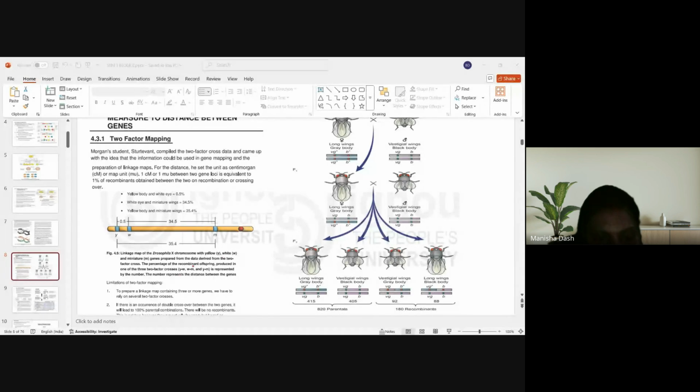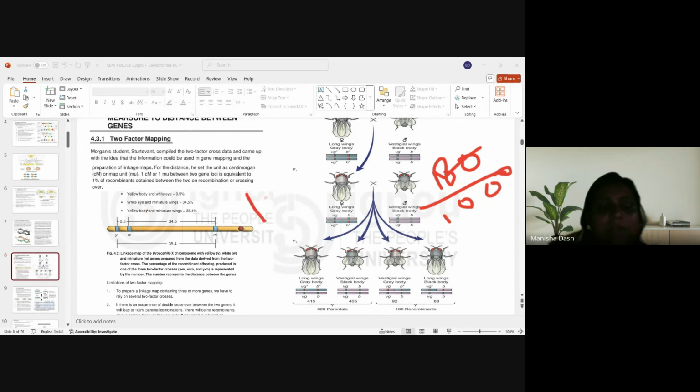So here, if you observe, there are 180 recombinants. So 180 divided by the total number of progeny, which is 820 plus 180, that is 1000, multiplied by 100. So the result will be 18. So the recombination frequency is 18% and the map distance is 18 map units.